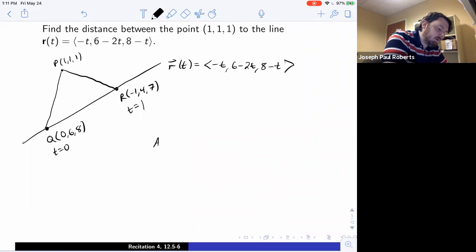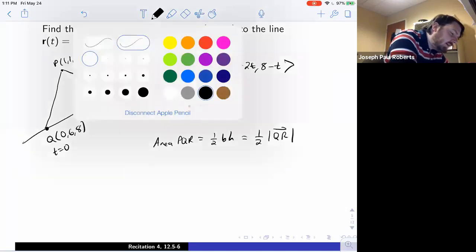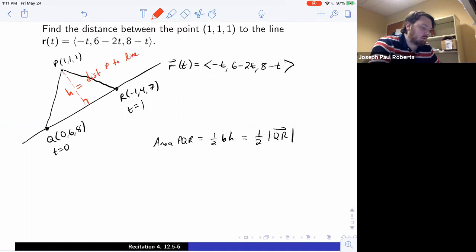Sorry, area PQR is 1/2 base height. Well, what is the base? The base is going to be the length of vector QR. And then the height is precisely what we're looking for. That the height is the distance from P to the line, right?